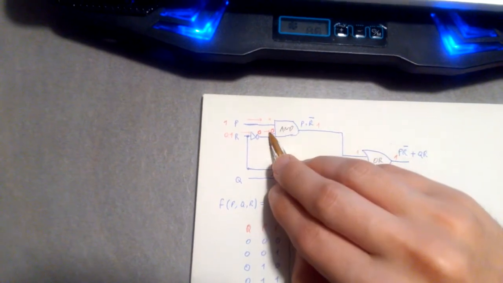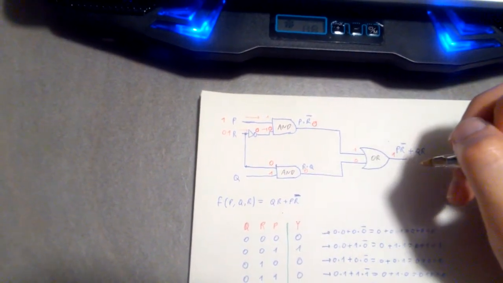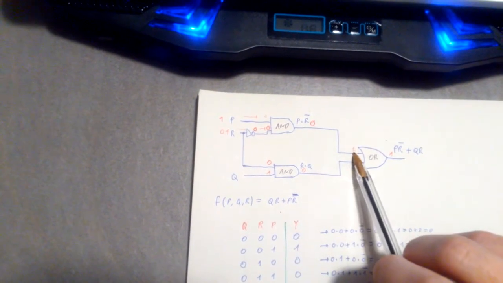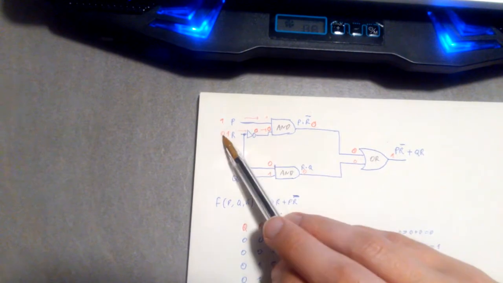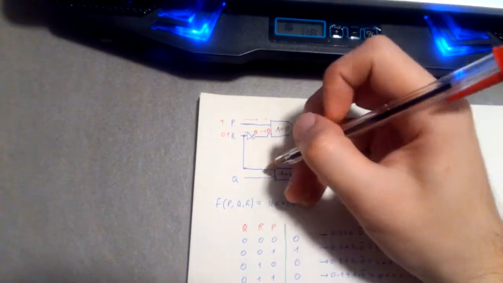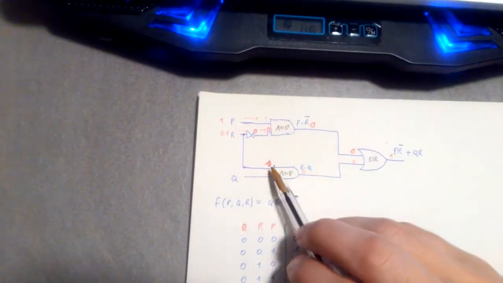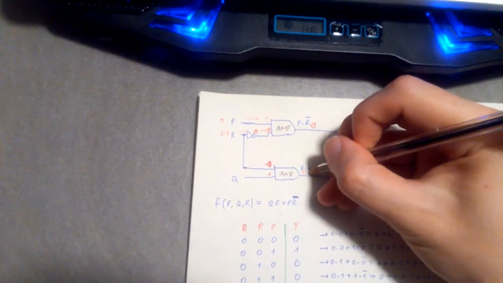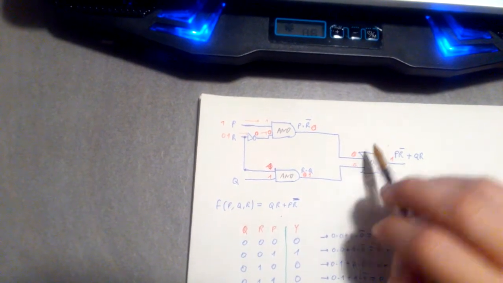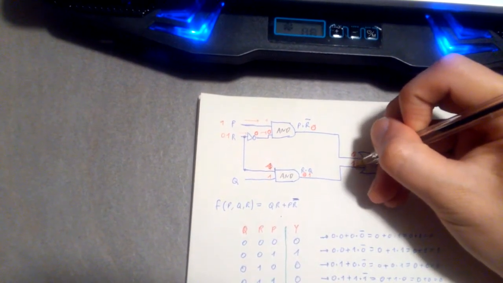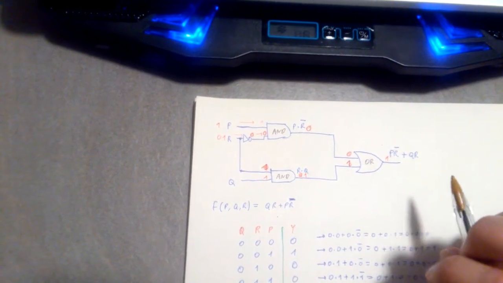So 1 and 0 is going to give me a 0. And over here, I'm going to have 0. What happens here? Well, I have a 1 now, so it gives me a 1. 1 and 1, then this one is 1. So 0 or 1, the output is still going to be 1.